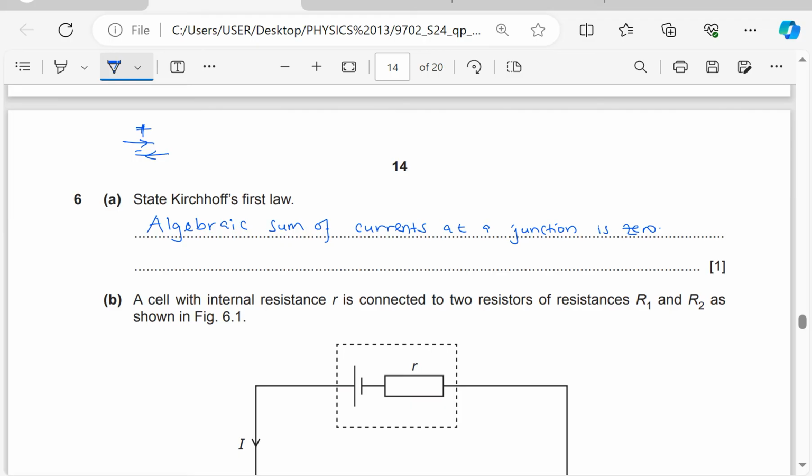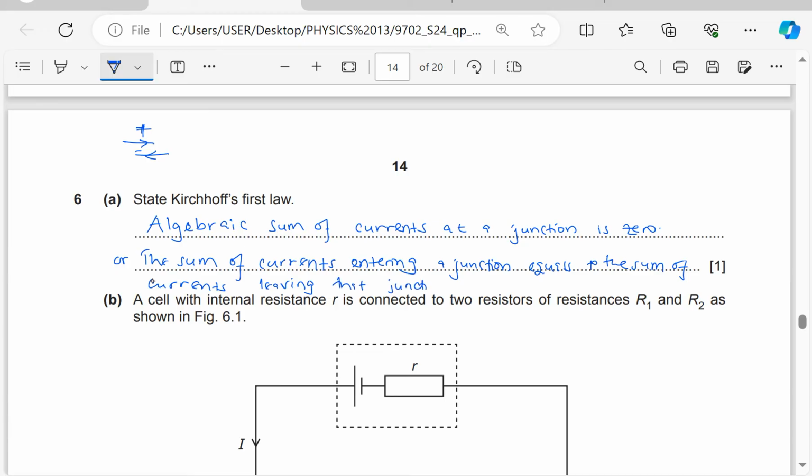Alternatively, you can say the sum of currents entering a junction equals the sum of currents leaving that junction.